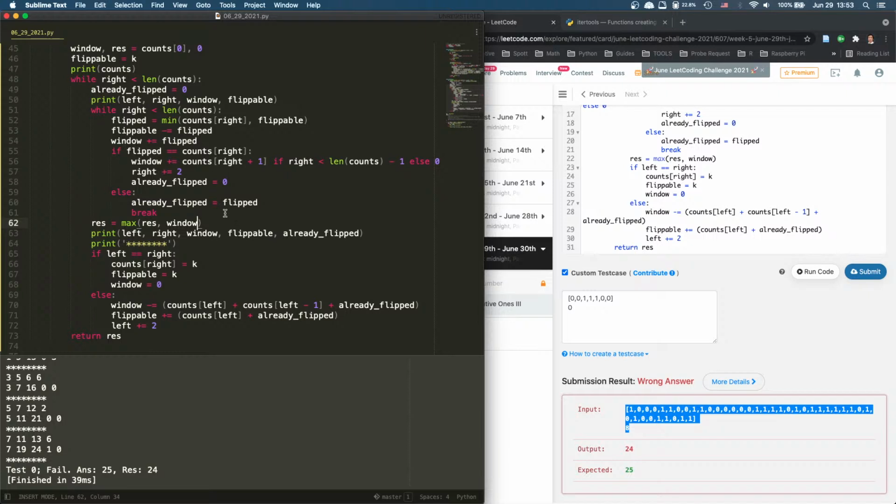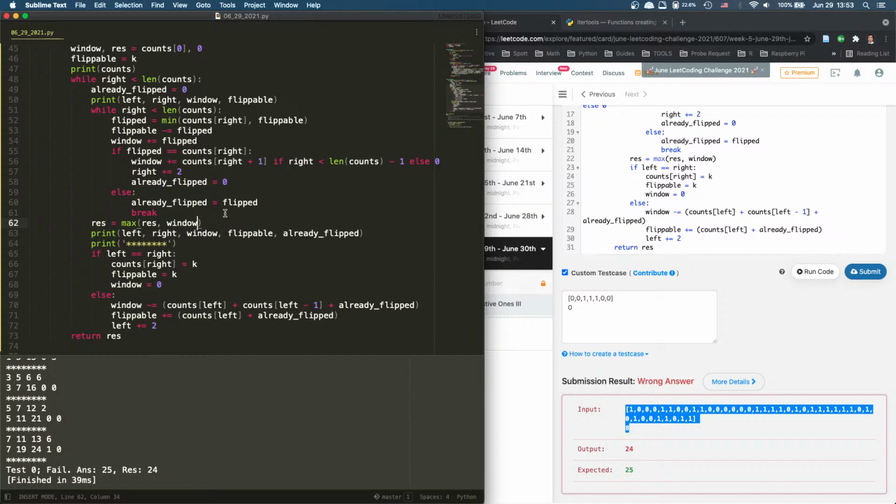So, which means we still have flippable left. And what we need to know is the left, right? Left is here. Left minus 1 already incorporated. But left minus 2, right? If left minus 2 is larger than 0, then we should add the flippable. Yes, yes. Flipped. It's this. Back up. Flip equals this.